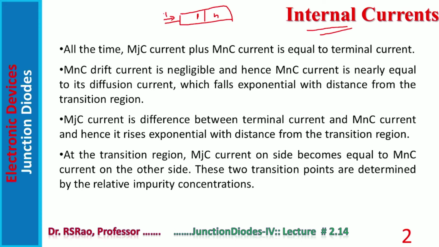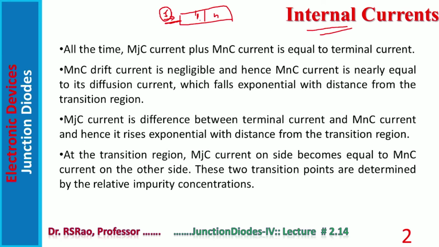Let us say this current is I. The current that is entering into the diode is called terminal current. After entering into P region, this current can be considered to be split into two parts: one part due to movement of holes, another part due to movement of electrons.